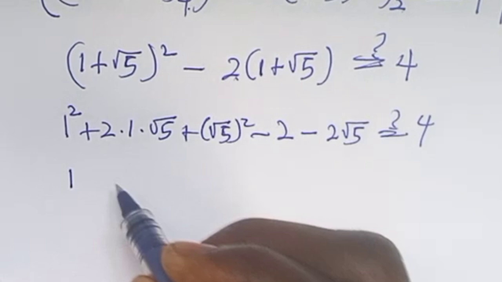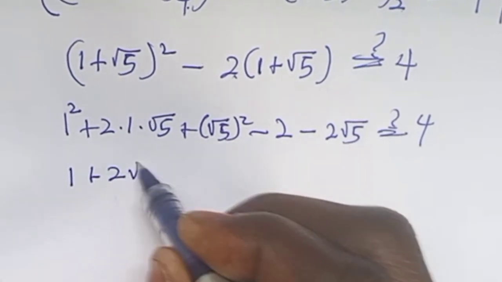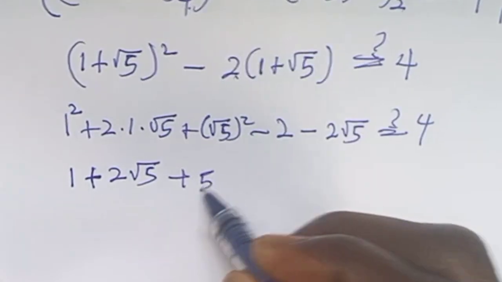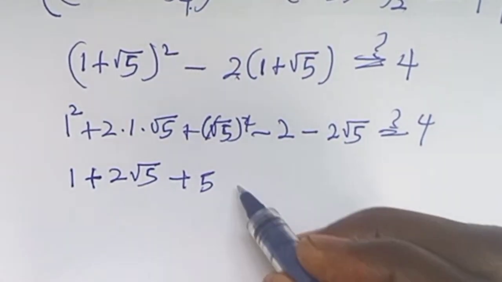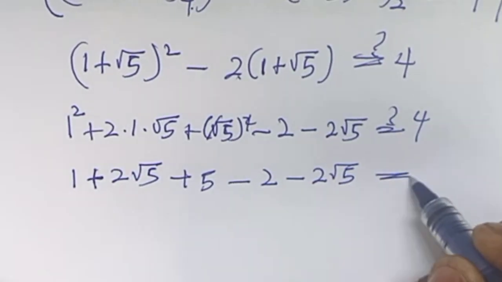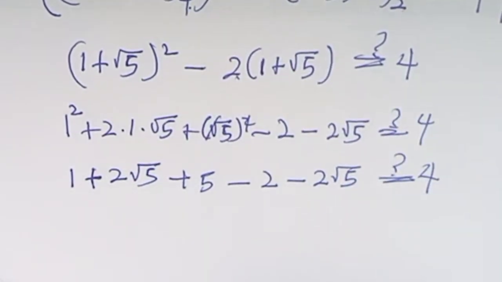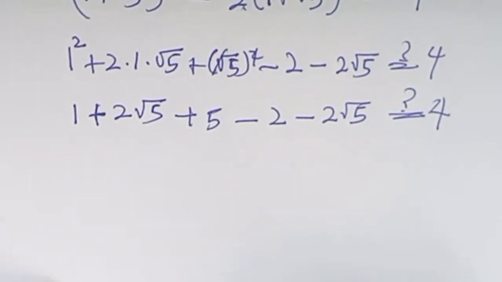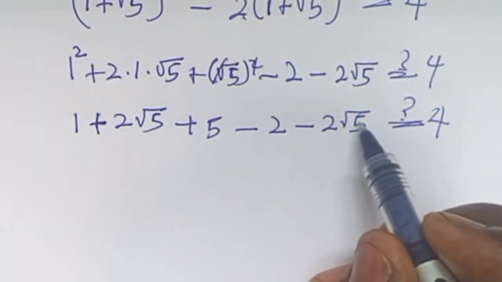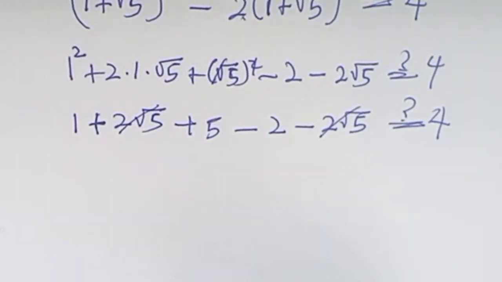And this is 1 plus 2 root 5 plus 5, since the square and the square root cancel, minus 2 minus 2 root 5. We want to actually know if this will be equal to 4. So if you do this very well, plus 2 root 5 minus 2 root 5 can successfully cancel out, becomes 0.